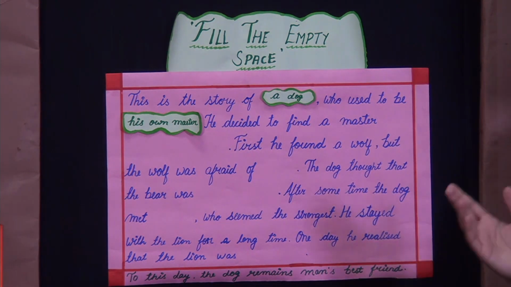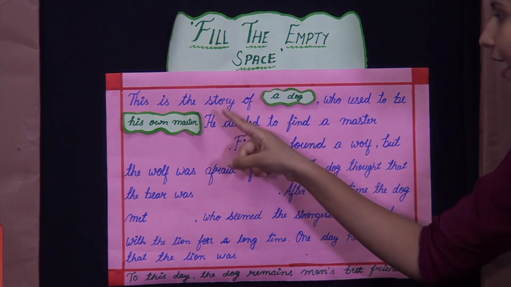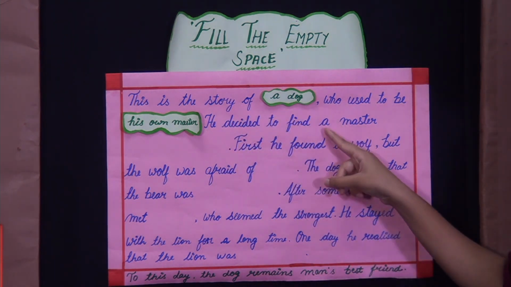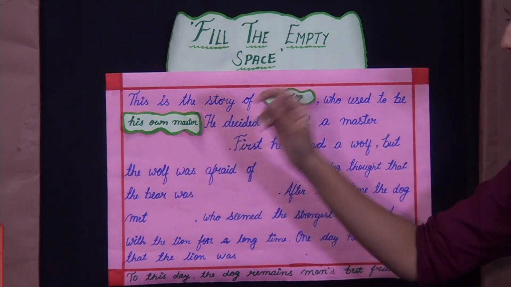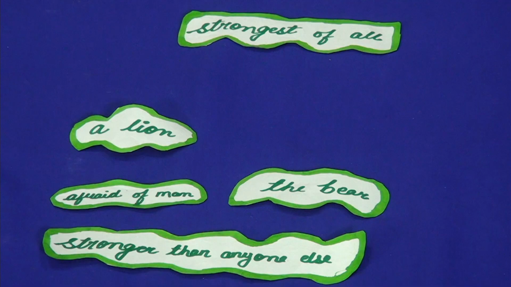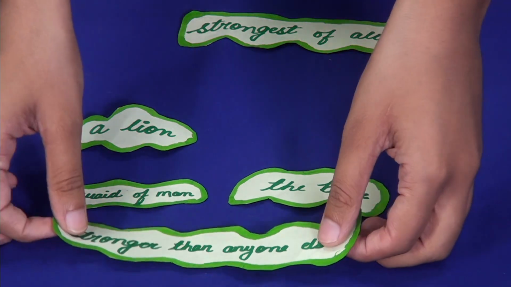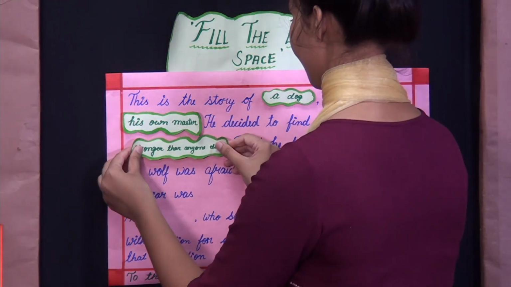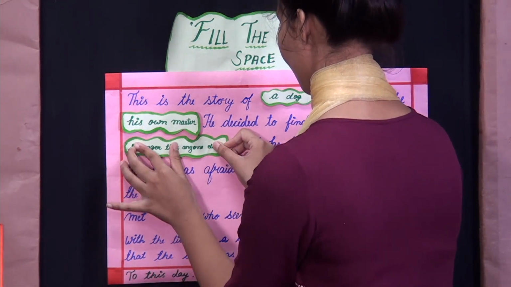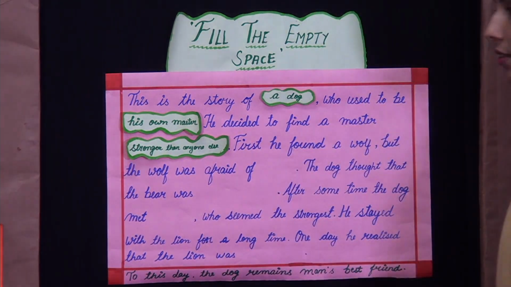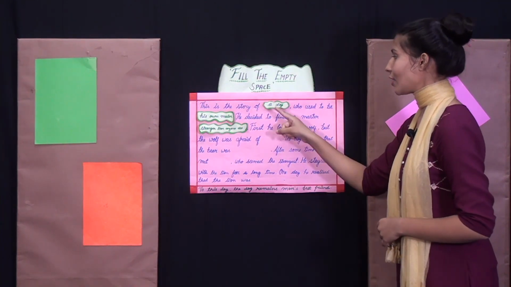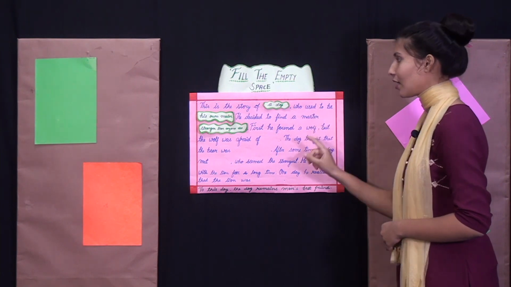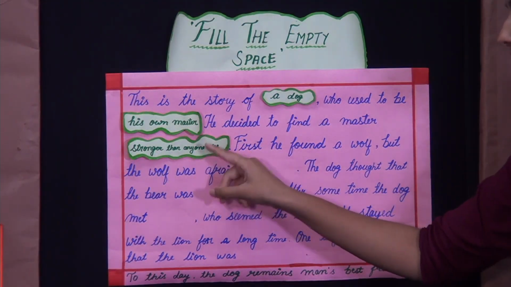Now, next line is, he decided to find a master space. Again, choose from these paper cutouts. Yes, stronger than anyone else. Now, he decided to find a master stronger than anyone else.